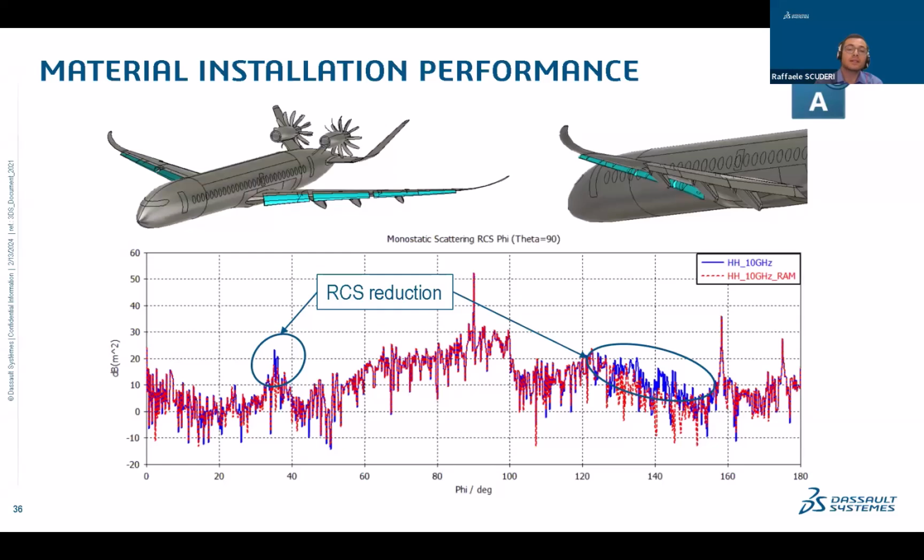As you can see here, there is a comparison between a full metallic model versus the model where I applied this radar absorbing material. Okay, and you can see immediately the reduction of RCS, especially where the leading edge was important. You can see the application on the leading edge because of this light over here.